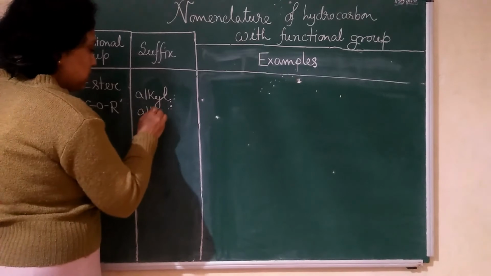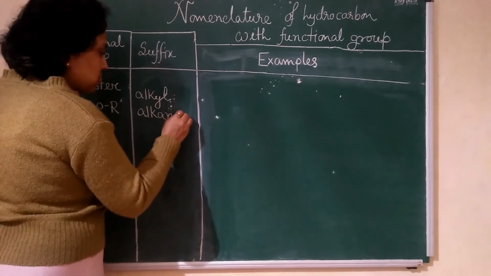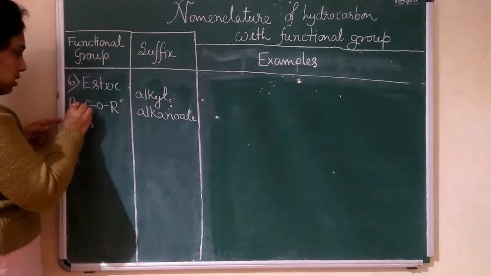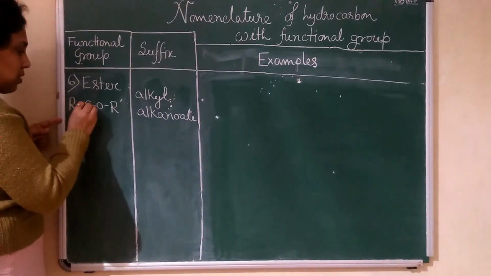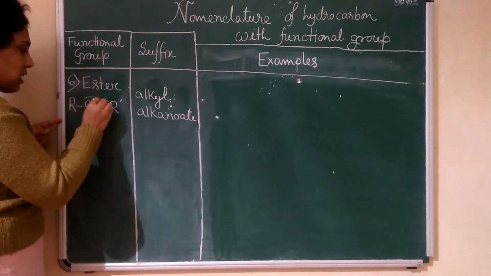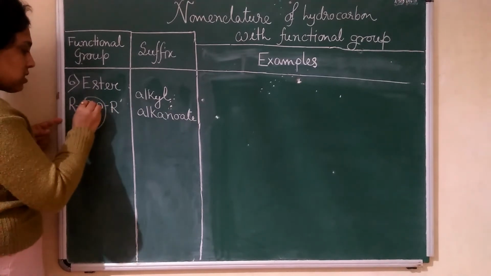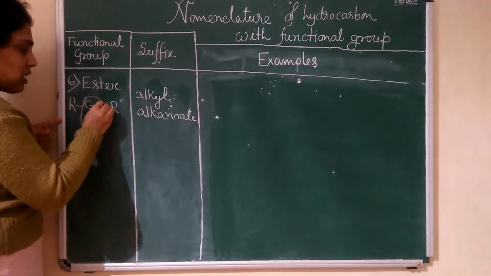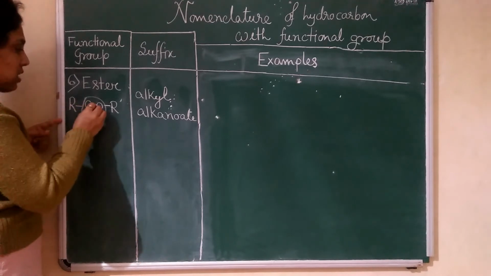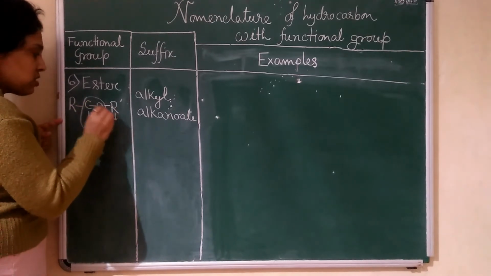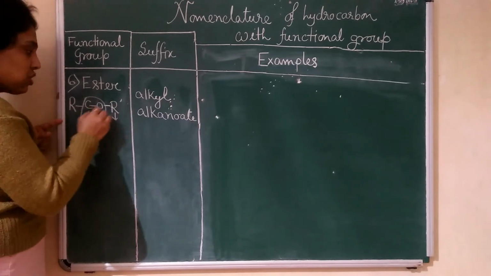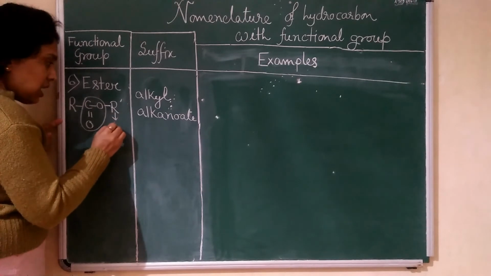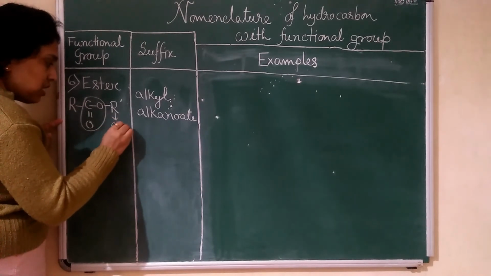Here see this R, this carbon is attached to the functional group carbon, and after this carbon there is O. So this R group is separated from the functional group carbon by oxygen. The one separated from the functional group carbon will be alkyl.